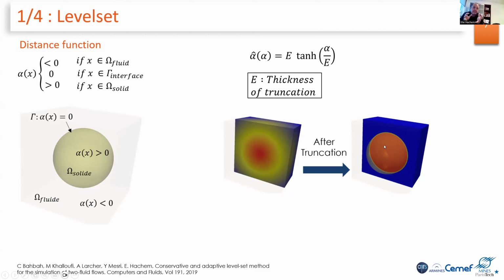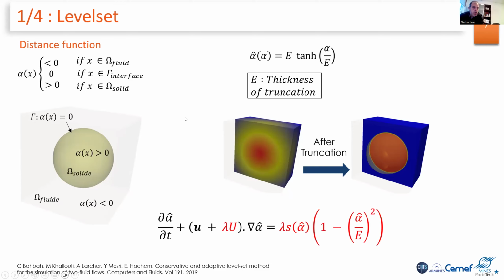What you see here has a parallel with what Joe presented. We are going into two zones with an interface, and this interface is controlled by this thickness. Finally, you cast it into an equation that has the nightmare of being a transport, convection equation in finite element that you need to stabilize. The second nightmare is that you want to keep it as a distance function the whole time.